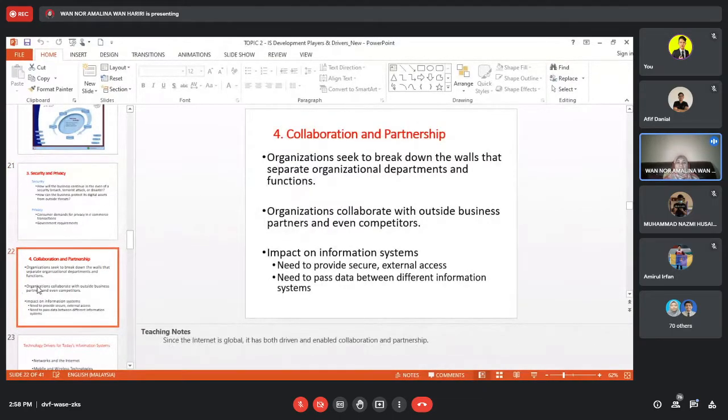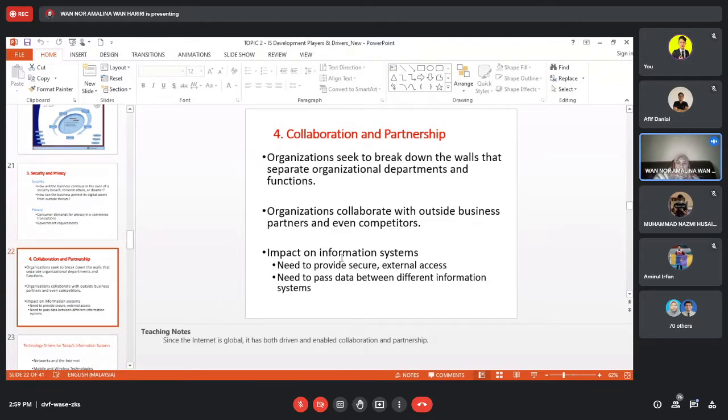Now, about collaboration and partnership, organizations seek to break down the walls that separate organization departments and functions. Now, kebanyakan organizations, they collaborate with outside business and partners and even with competitors. There is no such thing that this is my area, you cannot intervene into my area. Tak.